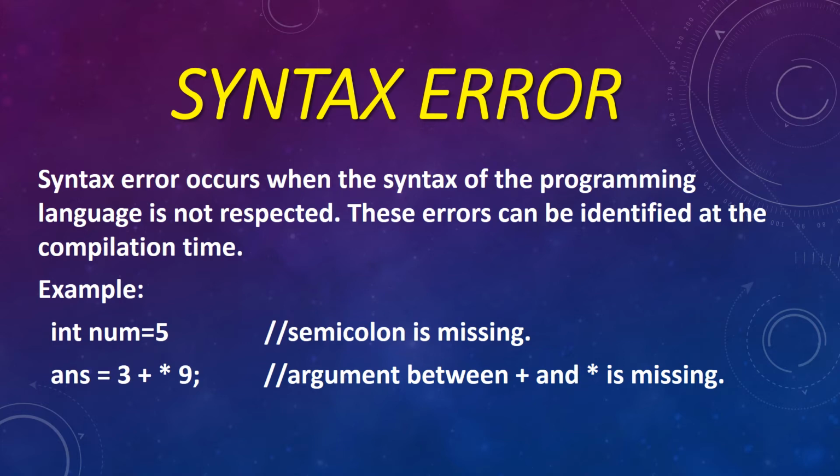Next example: answer, the variable, equals 3 plus into 9. In between the plus sign and the into sign there should be one operand. It can be any number or any variable, but it is missing here, so the compiler will again show an error. These are the examples of syntax error.